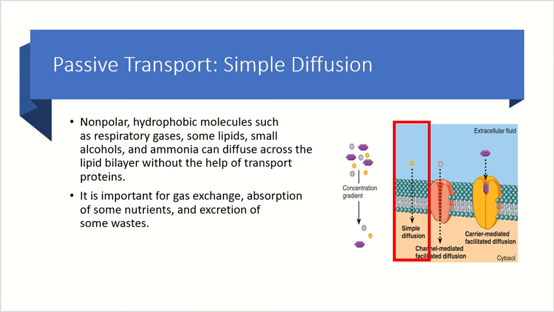This is going to be really important for gas exchange, as well as the absorption of some nutrients, as well as the excretion of waste from the body's cells. So basically, we're just taking advantage of our concentration gradient here. We're moving whatever this little yellow dot is from areas of high concentration to areas of low concentration. It's moving down its concentration gradient, and then it's just going to simply slide right on through our lipid bilayer there. Simple diffusion. It's easy.